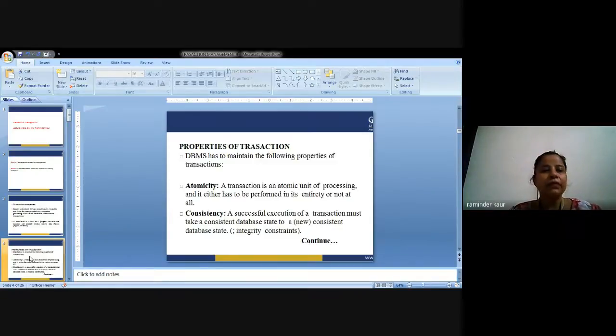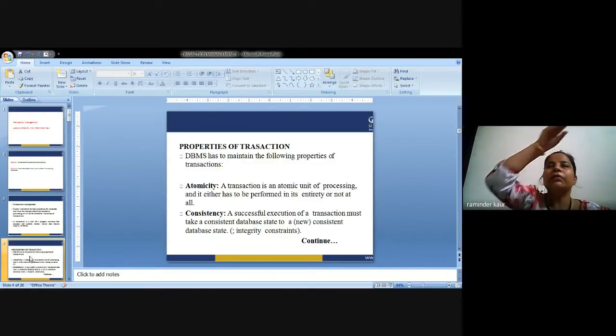So next is consistency. What does consistency mean? Consistency means that a successful execution of the transaction must take a consistent database state to a new state. There is a linking between the first transaction and the second transaction.